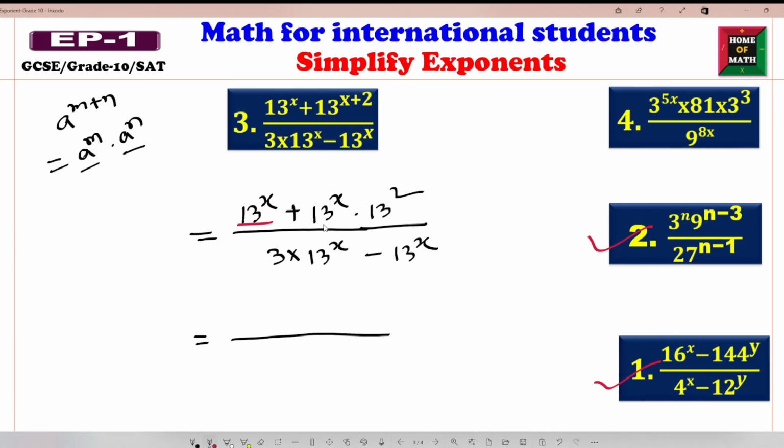So here we can take common 13 to the power x, so 1 plus 13 squared, right? Then in the denominator we also take common 13 to the power x, so here is 3 minus 1.